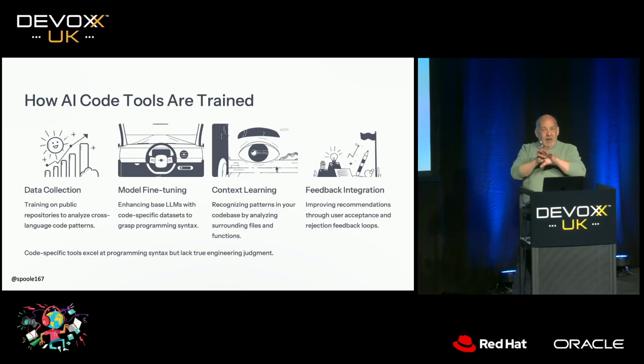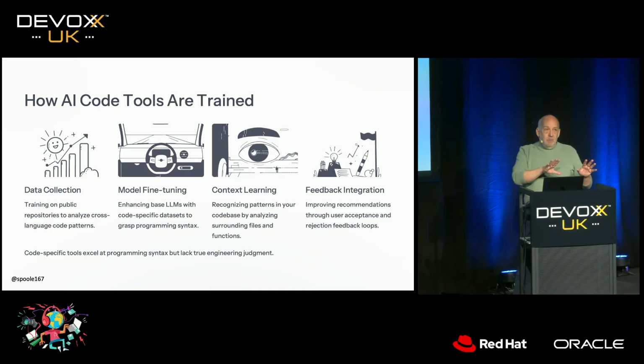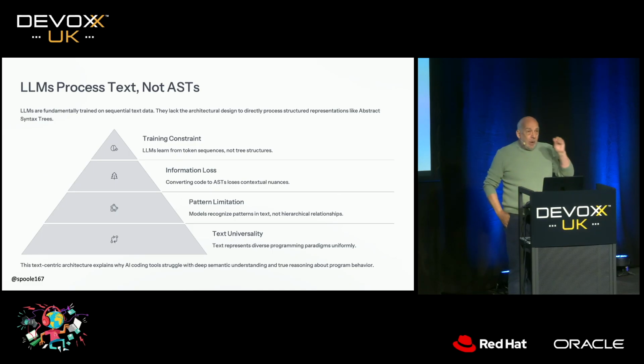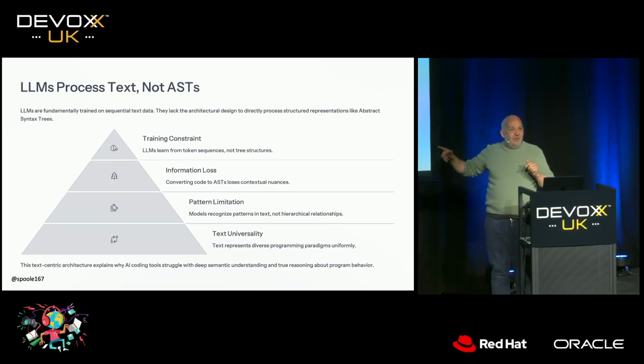It's an LLM with extra understanding about your code, but as I keep saying, it understands your code because it's text. We do not see anybody giving these LLMs an AST.